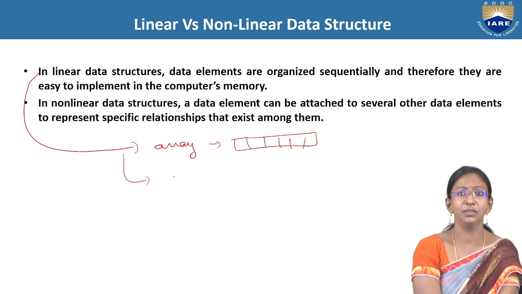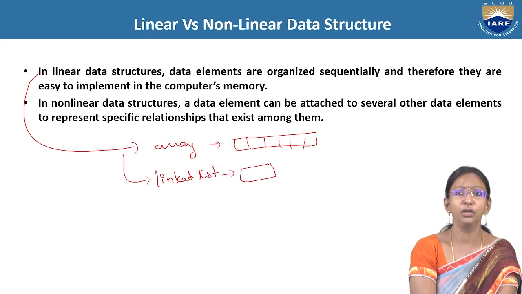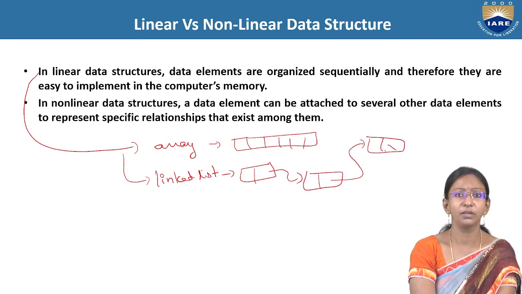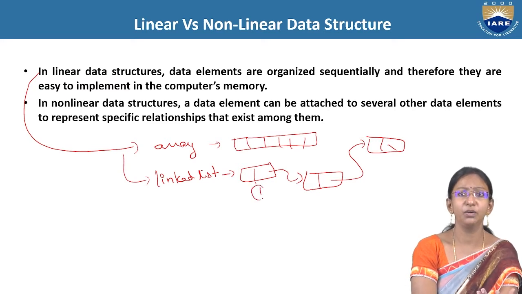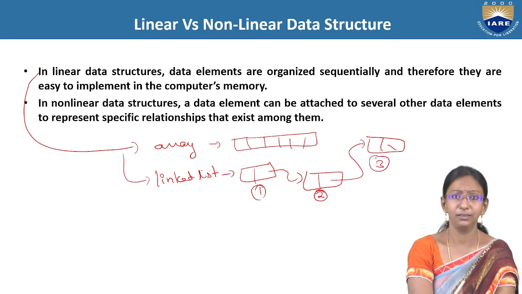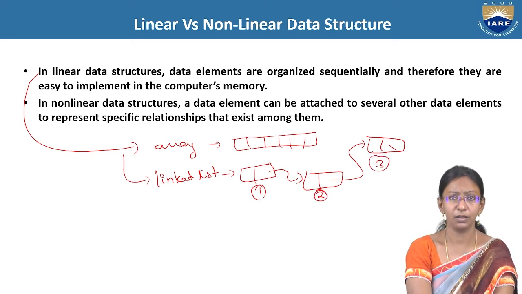The other linear structure is the linked list, where the data is not placed in contiguous memory locations, that is, the data is scattered all over the memory, but each and every node will be linked to only one other node, not more than that. So that's why we call array and linked list linear in nature.